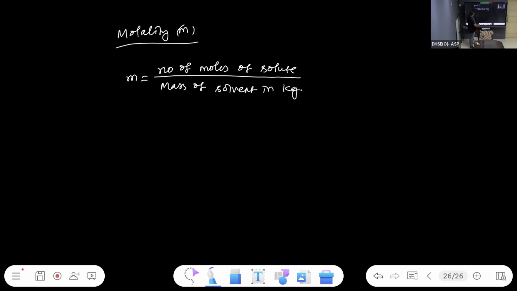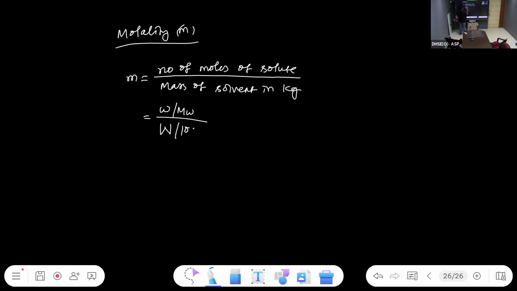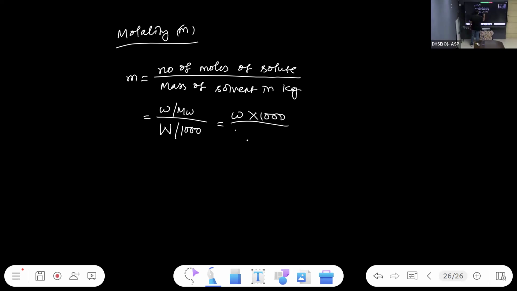solvent in kg. So how do we write the number of moles of solute? Given mass by molar mass, and mass of solvent in kg is capital W upon 1000. So molality is small w into 1000 divided by capital W into MW.